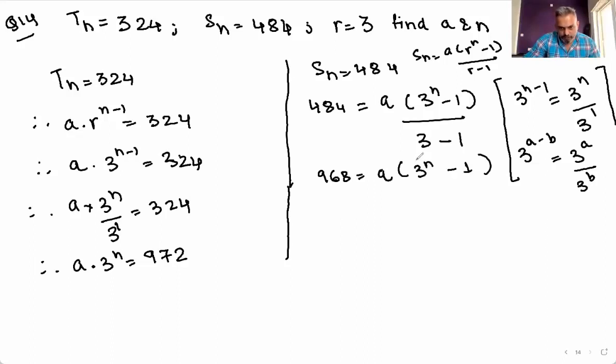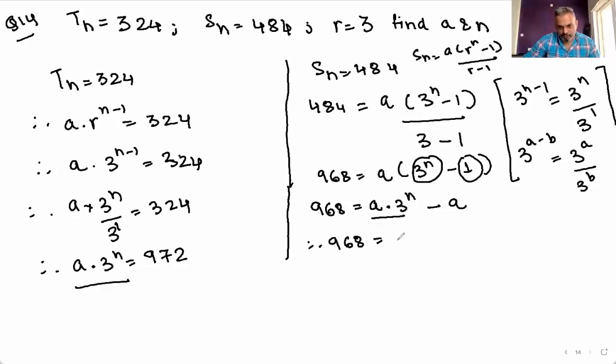So 3 raised to n is a separate term and 1 is a separate term. So 968 is equal to a into 3 raised to n minus a into 1, which is a. So therefore 968 is equal to a into 3 raised to n, which is 972, minus a. Therefore minus a will become plus a over here. 972 minus 968, therefore a is equal to 4.